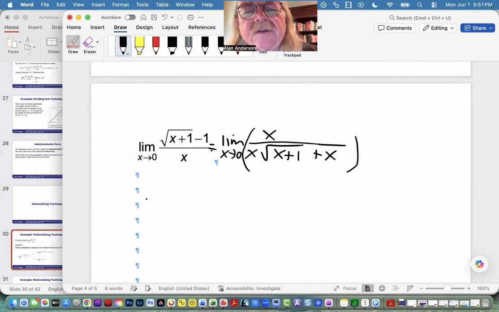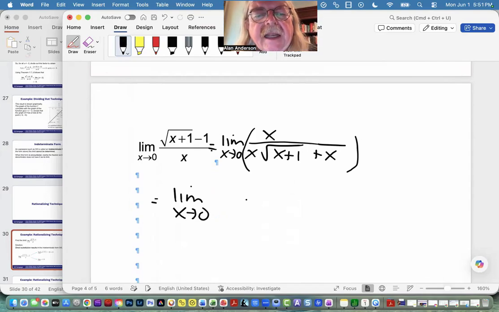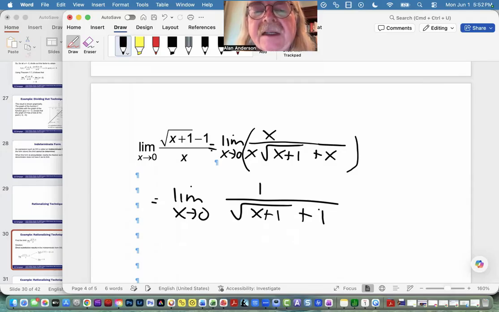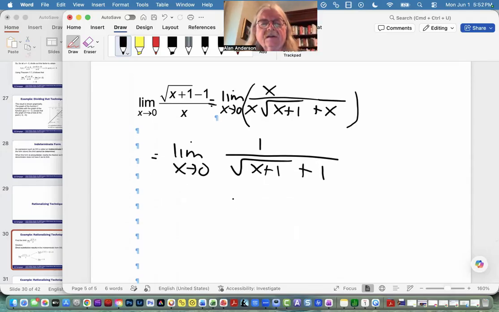Okay, so every one of those terms has an x in it, so they'll cancel each other out. And we're left with 1 over radical x plus 1 plus 1. Now we can directly substitute the 0 in there.